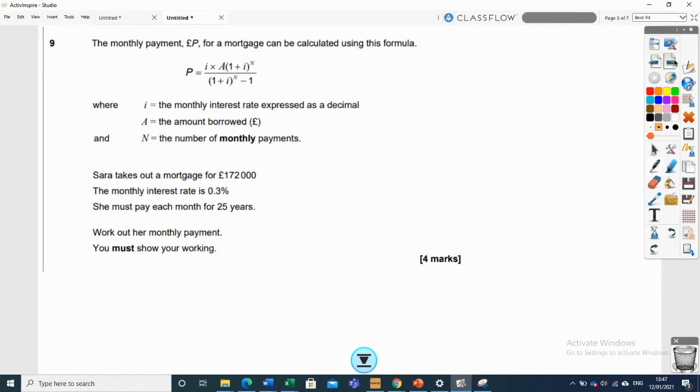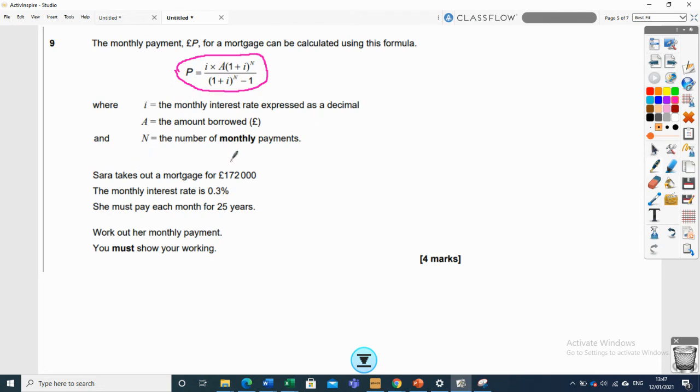Okay, question 9. Again, you should have had a go at this before you go through this answer. So if you haven't, pause it now and have a go. Okay, monthly repayment of the mortgage can be calculated using this formula here. So it looks very much like the APR formula.